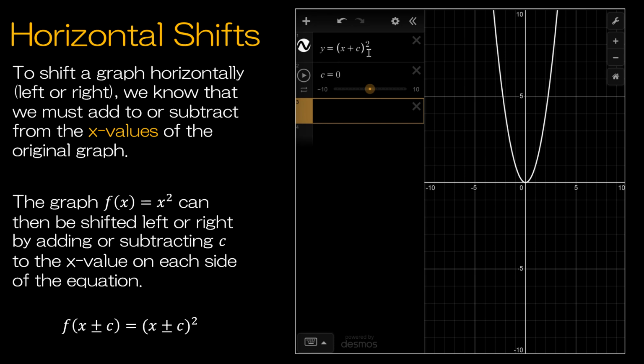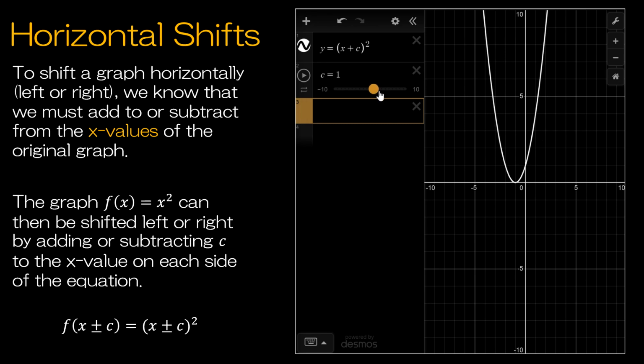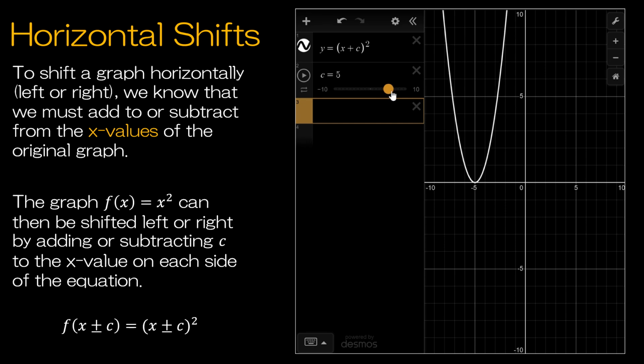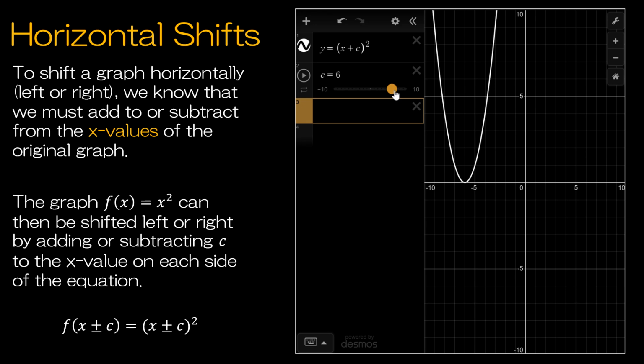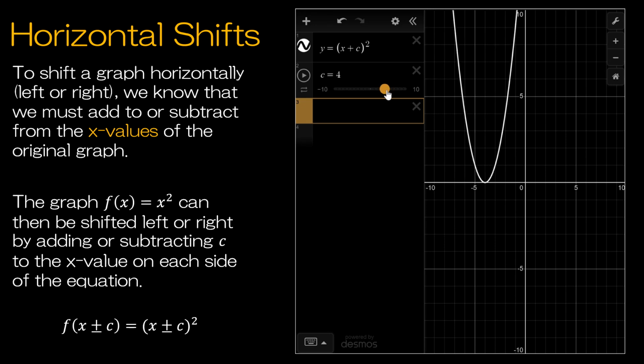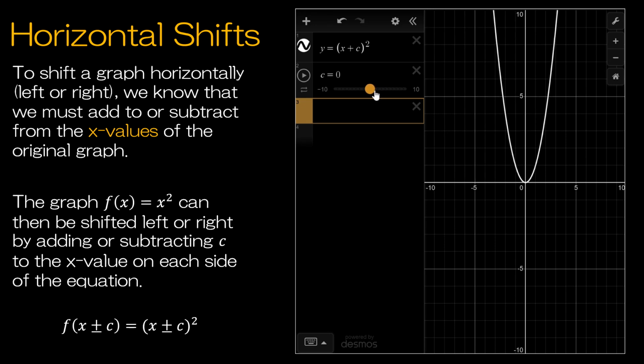I have the same parent function that we had before, but notice I've now moved c to the inside. Now, when I added c when it was on the outside, that shifted the graph up. But when I add c, notice what's happening is it's actually going to the left. So I want you to remember, when we're talking about horizontal shifting, it's going to be different, the opposite direction than what you might think.